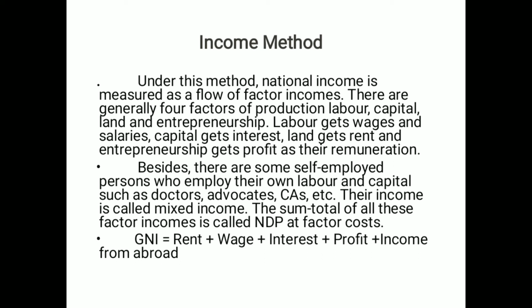Besides, there are some self-employed persons who employ their own labor and capital, such as doctors, advocates, CAs, etc. Their income is called mixed income. The sum total of all these factor incomes is called NDP at factor cost. So, GNI equals rent plus wages plus interest plus profit plus income from abroad.